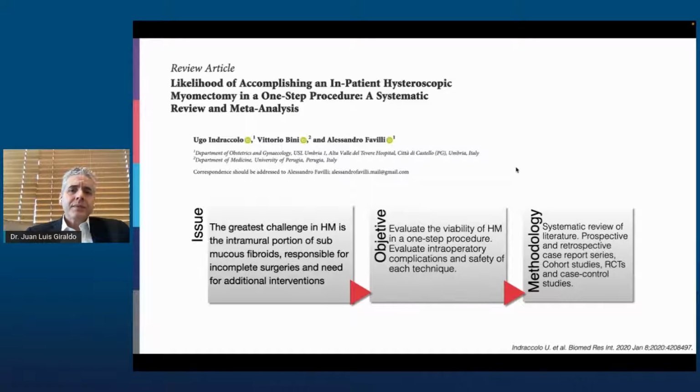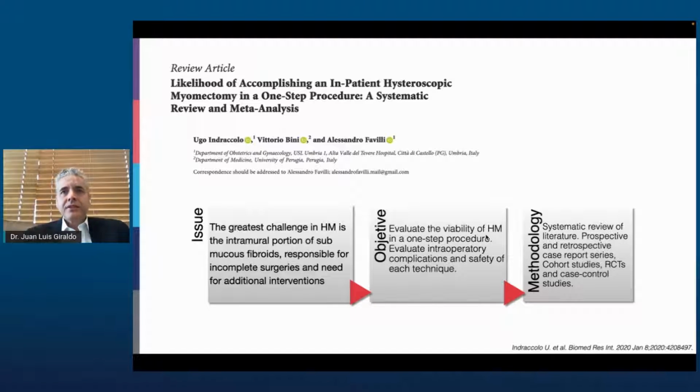So this is a systematic review that was published in 2020 by this Italian group of Ugo Indraccolo, and they addressed the challenge of hysteroscopic myomectomy, of resecting the intramural portion of the submucous fibroids. They wanted to evaluate the viability of doing this hysteroscopic myomectomy in a one-step procedure.